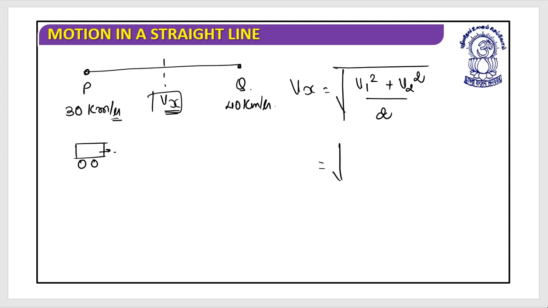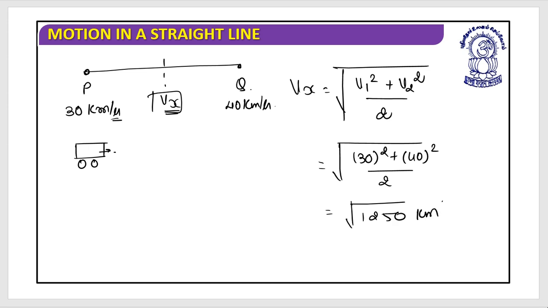So according to the data, it's 30 square plus 40 square divided by 2. So this is 30, that means 900, 40, that is 1600. 900 plus 1600 is 2500. Yes, and 2500 divided by 2, it's root of 1250 kilometer per hour. I hope these things are clear to you.